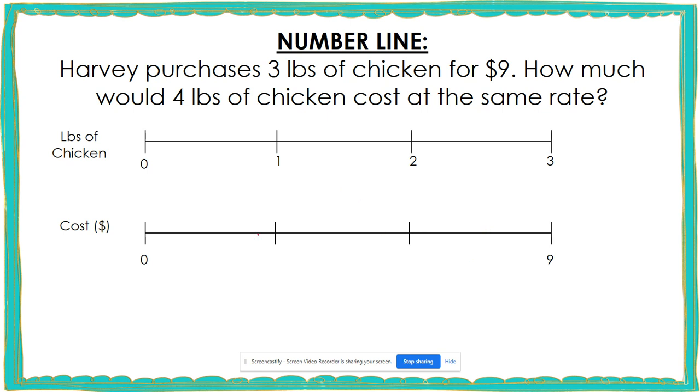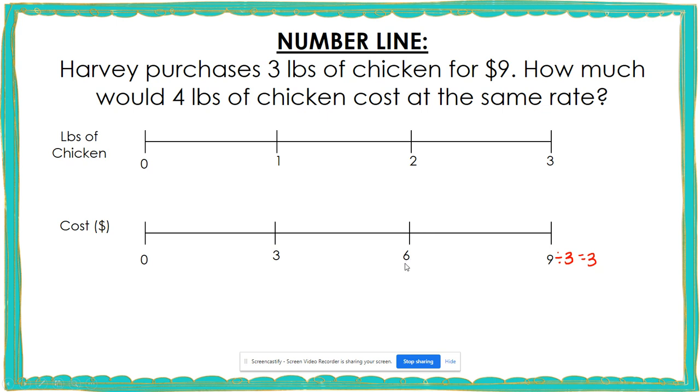And to figure out the interval that is going to be used for this number line, I would take my 9 and divide by 3. And when I do that, I get 3. That means that each one of these is going to increase by 3. So I should have 3 and then 6 on my number line.